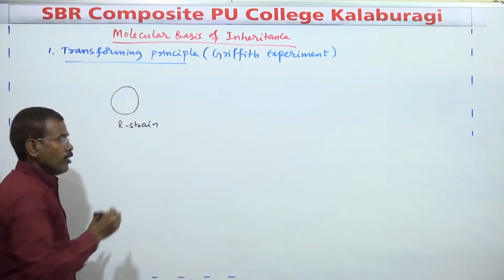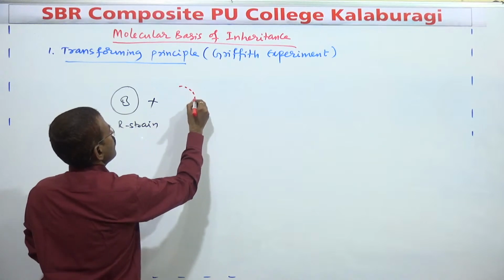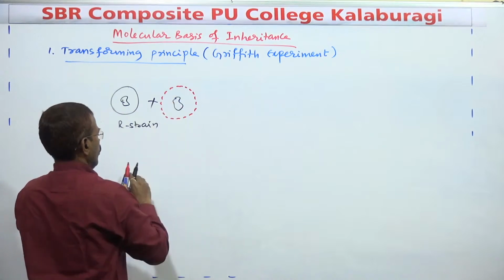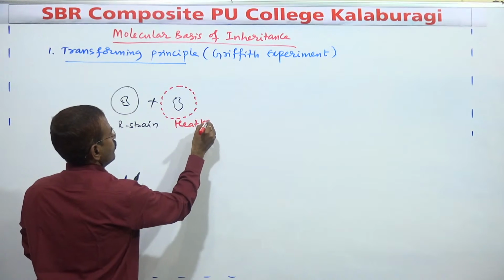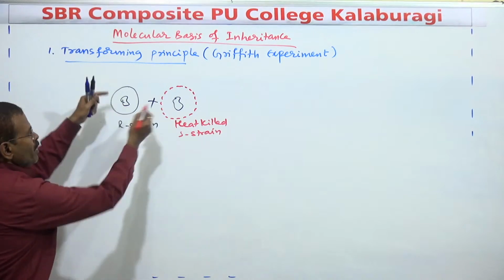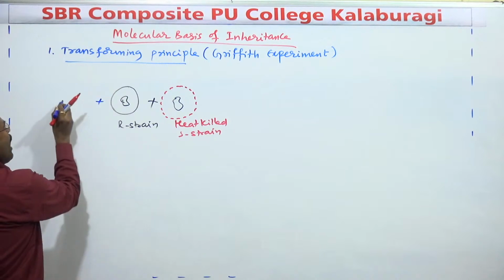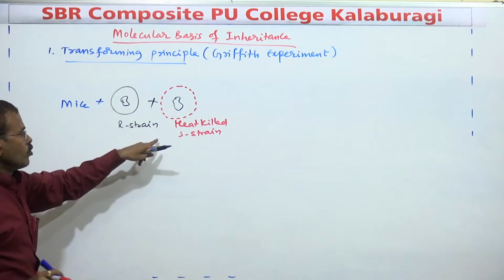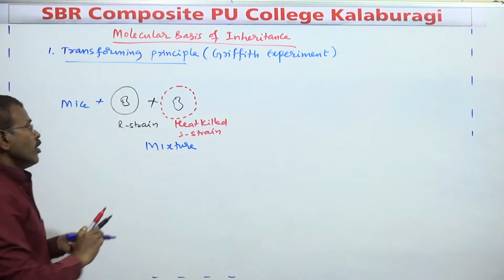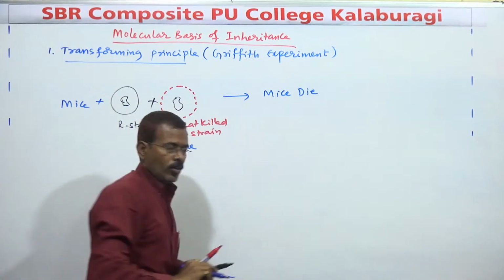So here, what we learned is when live R strain bacteria was mixed with heat killed smooth strain bacteria, and this mixture was injected into mice, the mice die.